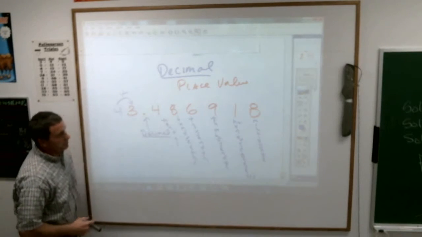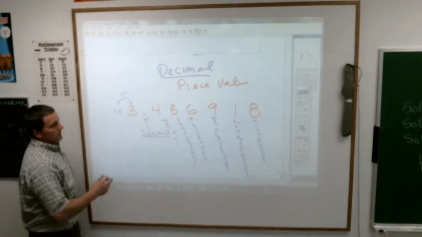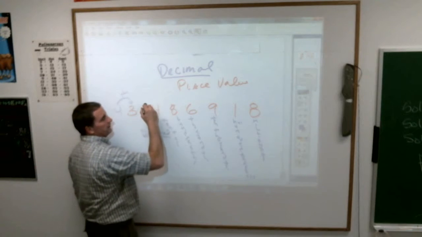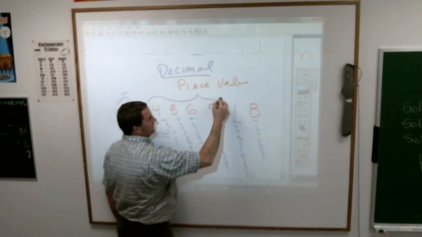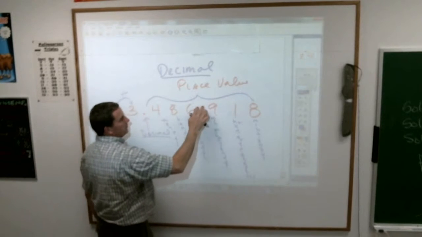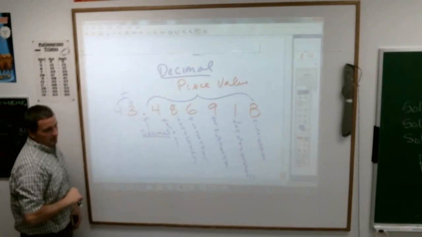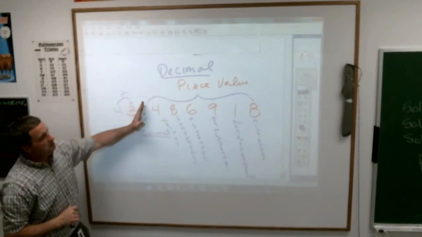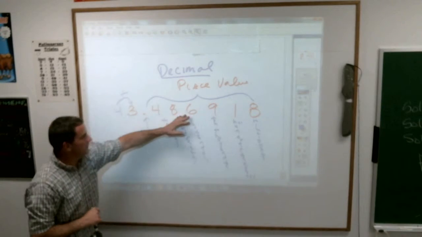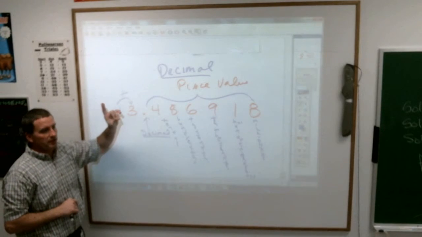Okay, but what you have to understand is, looking at this whole part of this number right here, even though there's 1, 2, 3, 4, 5, 6 digits there, this decimal number is not even half of one whole thing.